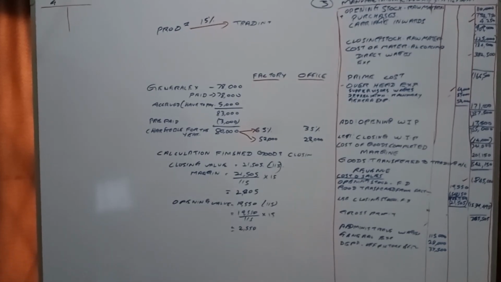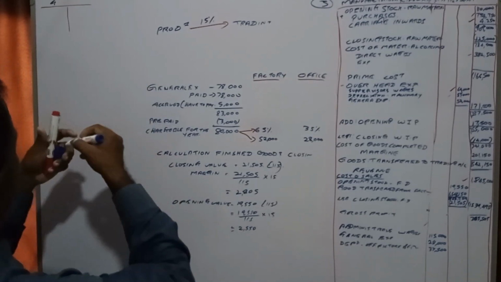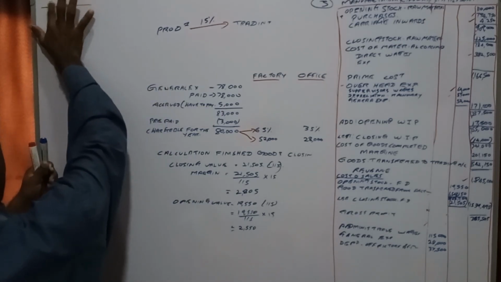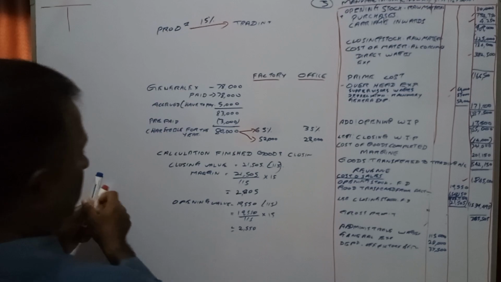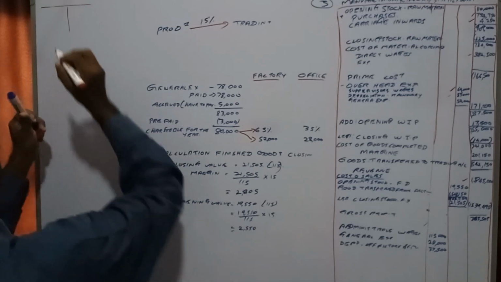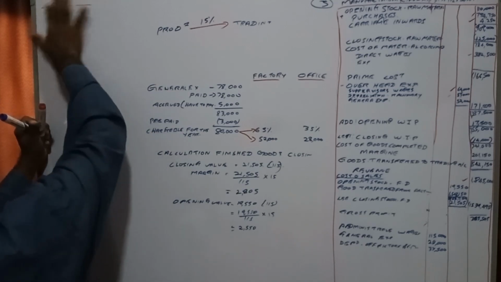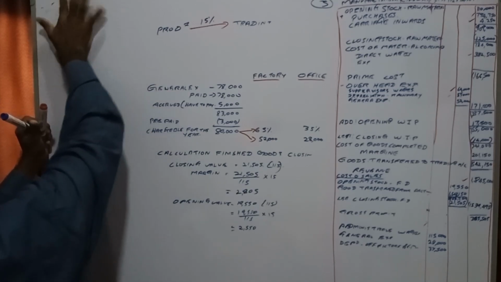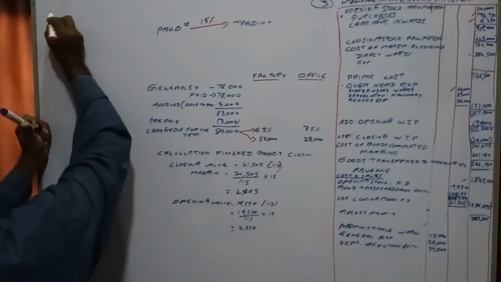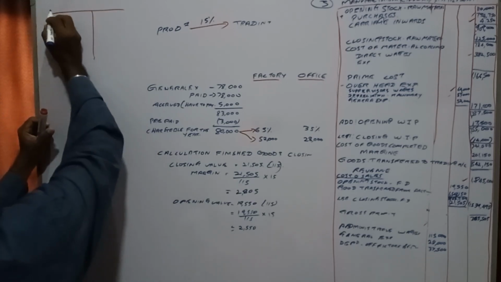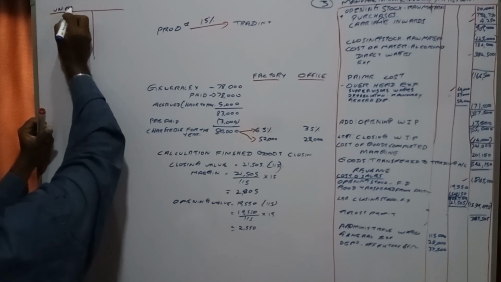And then if you open a T account, what you call unrealized profit, you have to open an unrealized profit account, right?